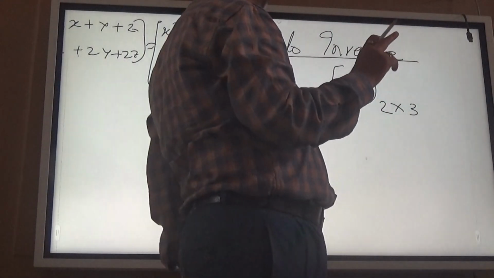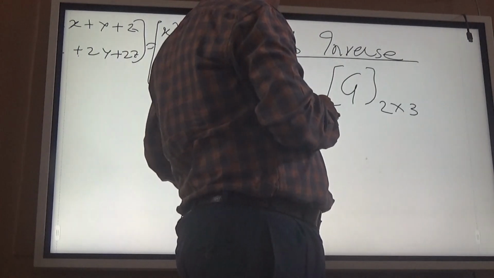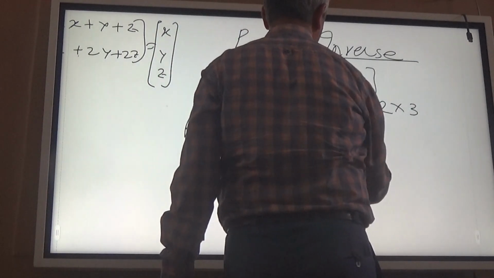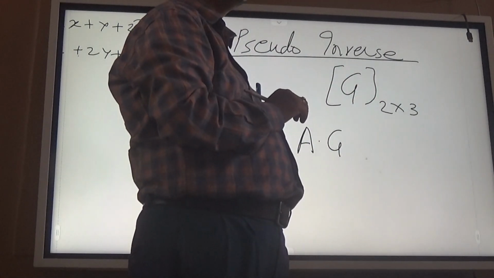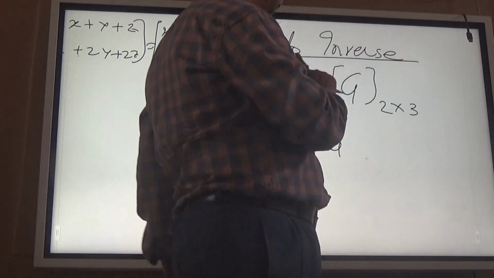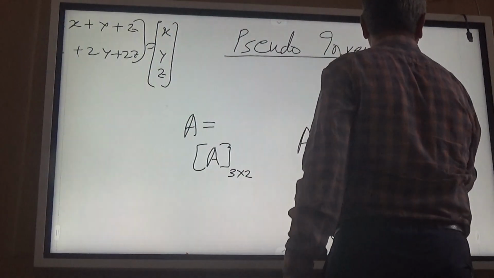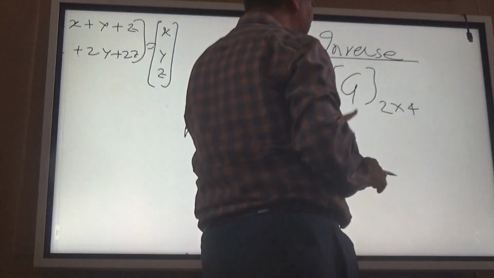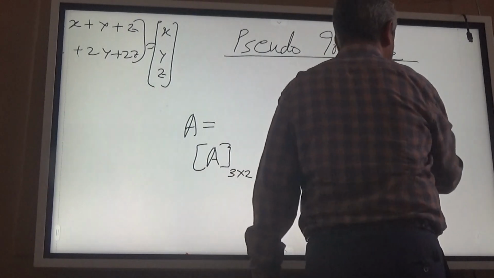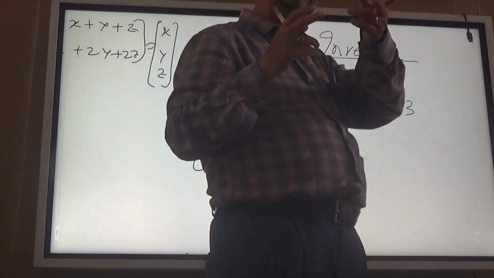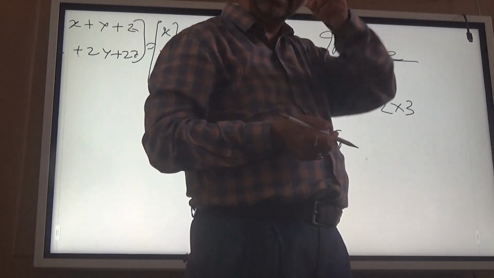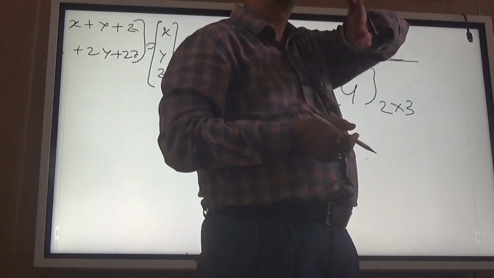Now see how it will work out. As it is 3 by 2, you can perform A into G. If it is 2 by 4, you can perform A into G, but you can't perform G into A. But since it is 3 by 2 and 2 by 3, you can multiply A into G or G into A also.